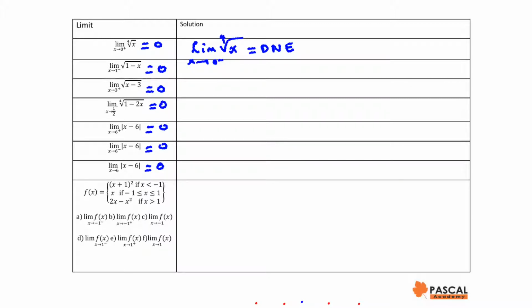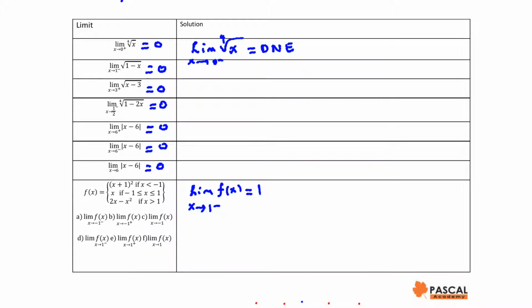Next example, the limit of f of x as x approaches 1 from the left side. When x is a little bit less than 1, f of x is x, and the limit of x as x approaches 1 is 1.